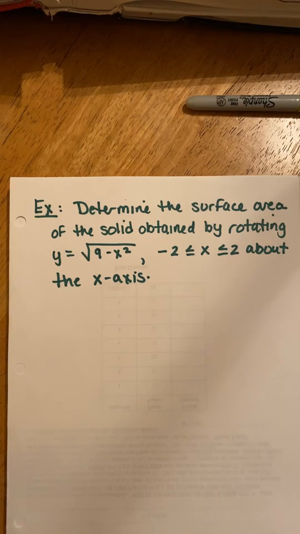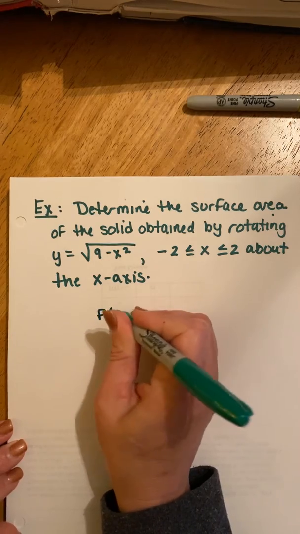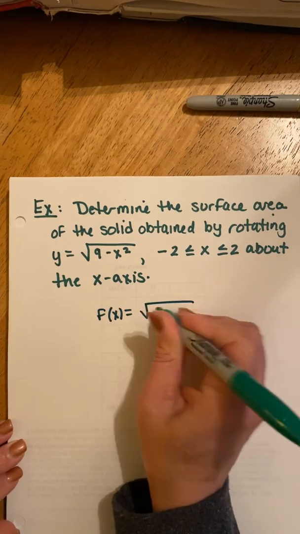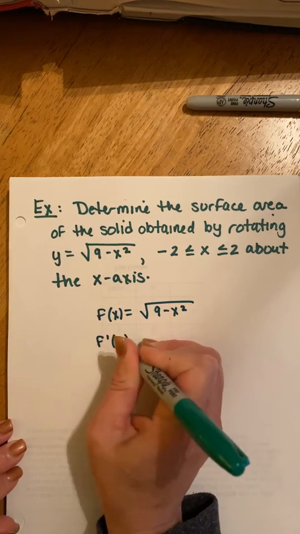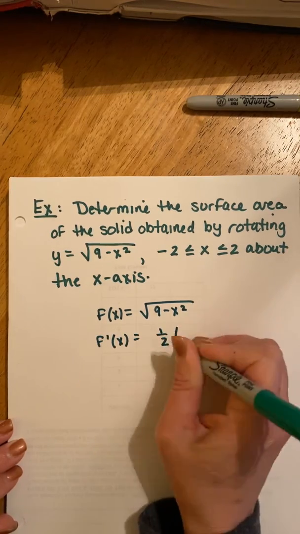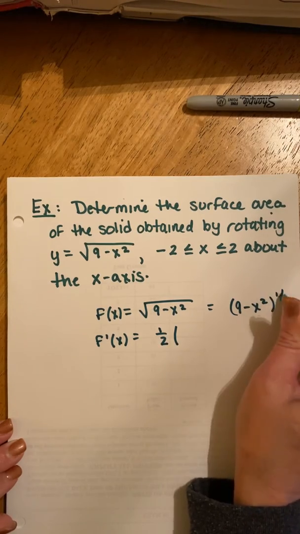So my function f of x is equal to the square root of 9 minus x squared. We take the derivative. Remember, this is just 9 minus x squared to the 1/2 power.